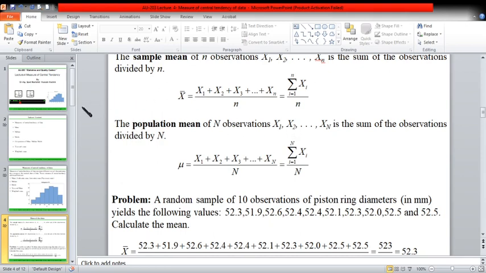The first thing is to visualize the data by drawing a dot plot. Once you draw a dot plot, you will be able to see the distribution of your observations. Some observations are smaller, close to 12.4, and some are 13.6.